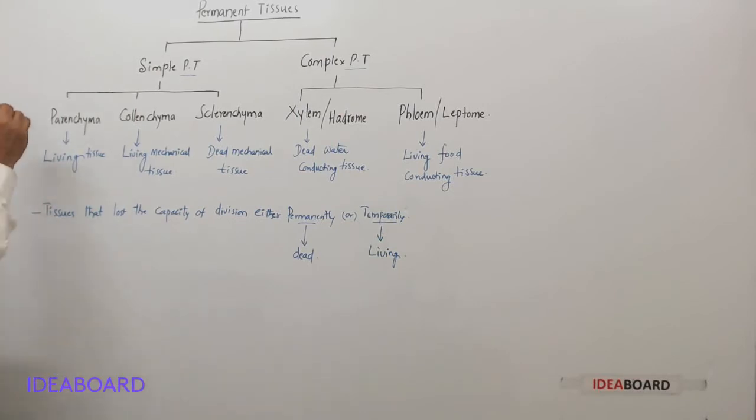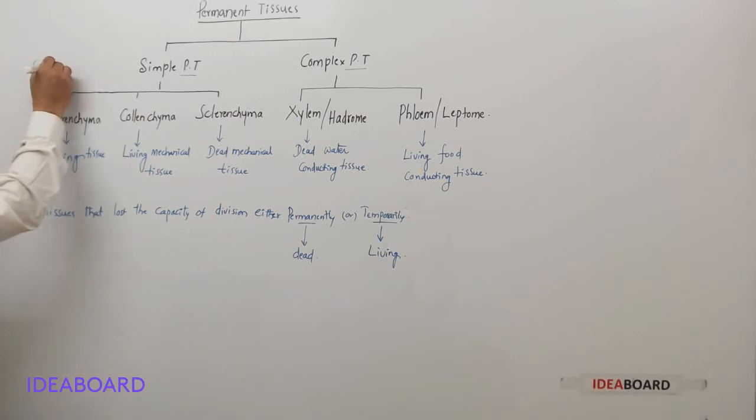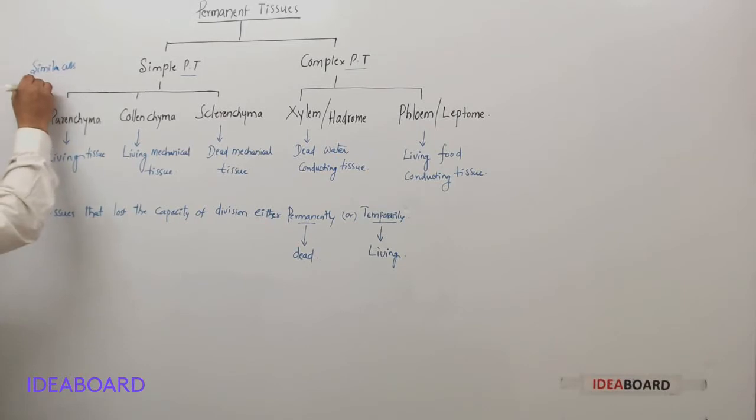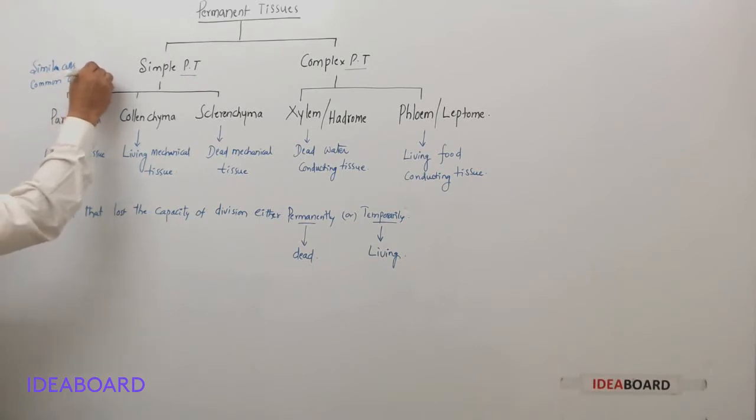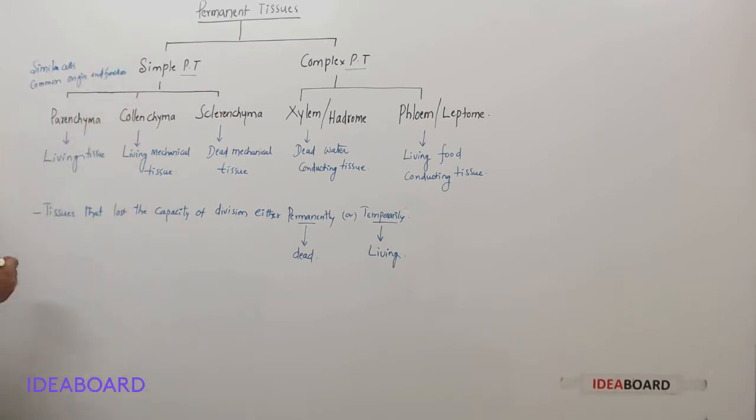It is a group of similar cells with common origin and function. That means they have similar structure, similar origin, similar function. So that is simple permanent tissue.